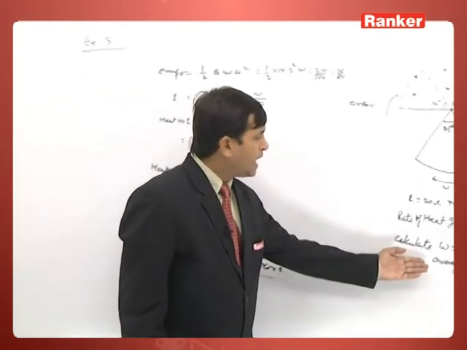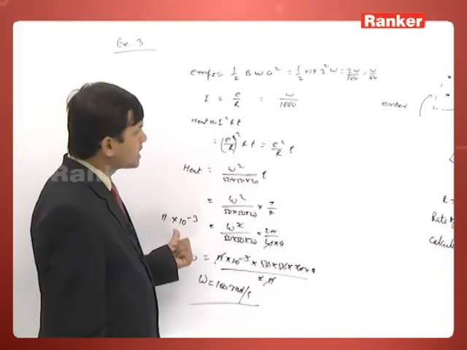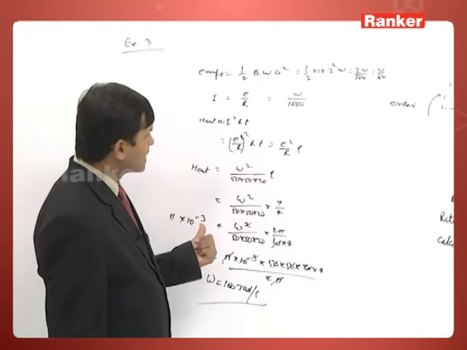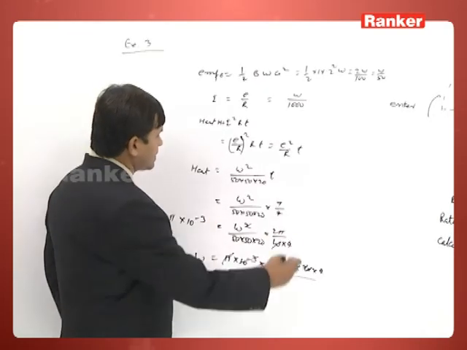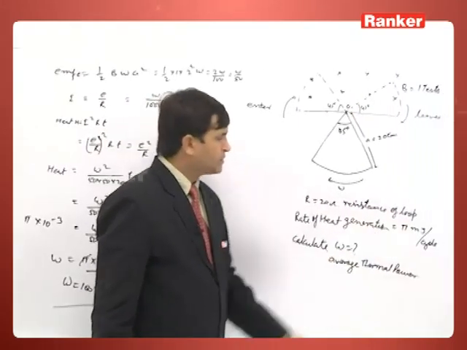And now the average thermal power. Average thermal power means the total heat we found in a cycle is this much, pi millijoule.